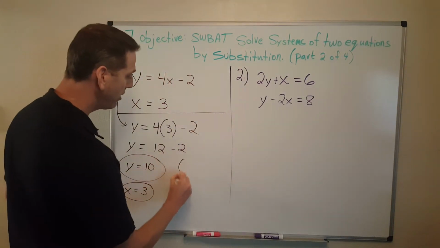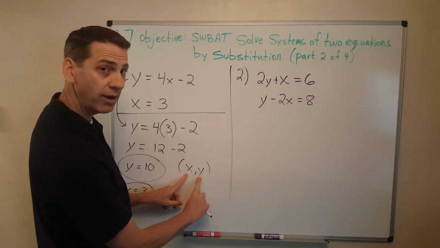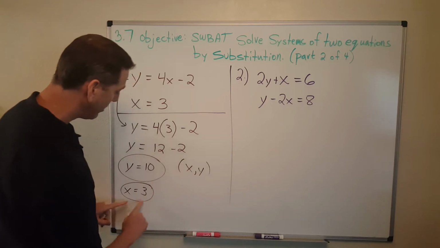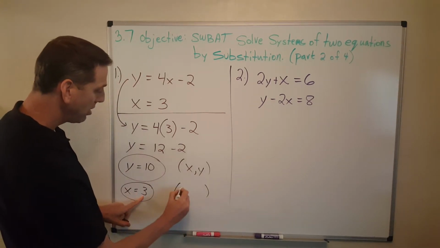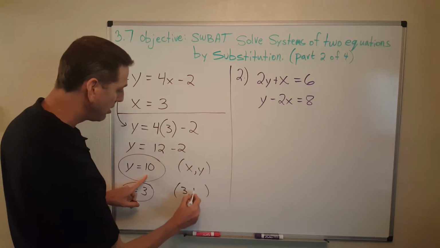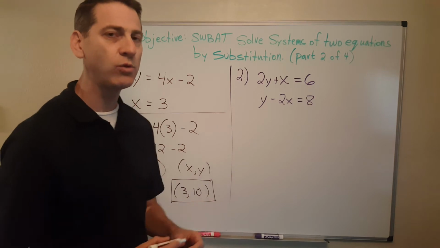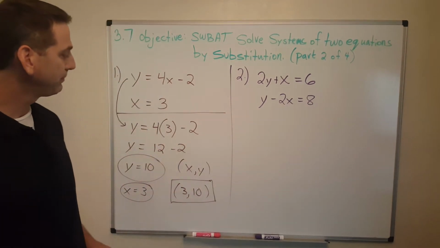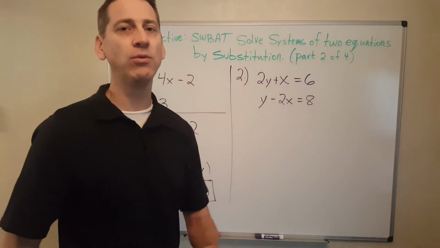Remember, an ordered pair is just a pair of numbers in alphabetical order, x first and then the y. So my ordered pair here would be 3, comma, 10. Remember, the solution to a system of equations is an ordered pair. That's true for both.